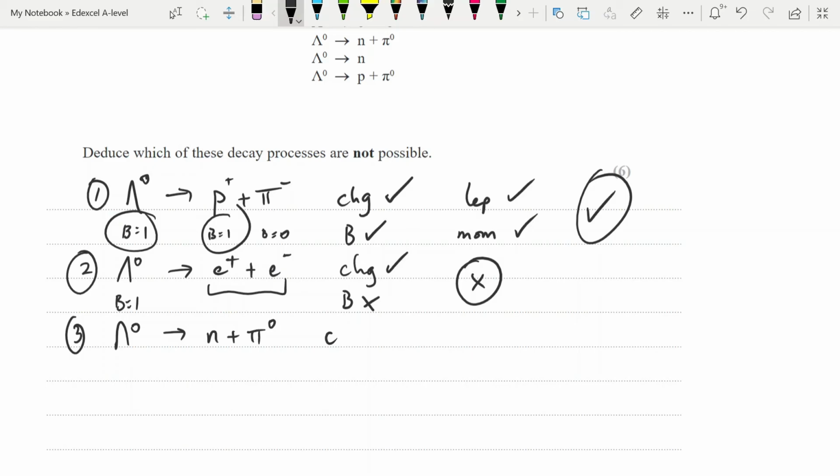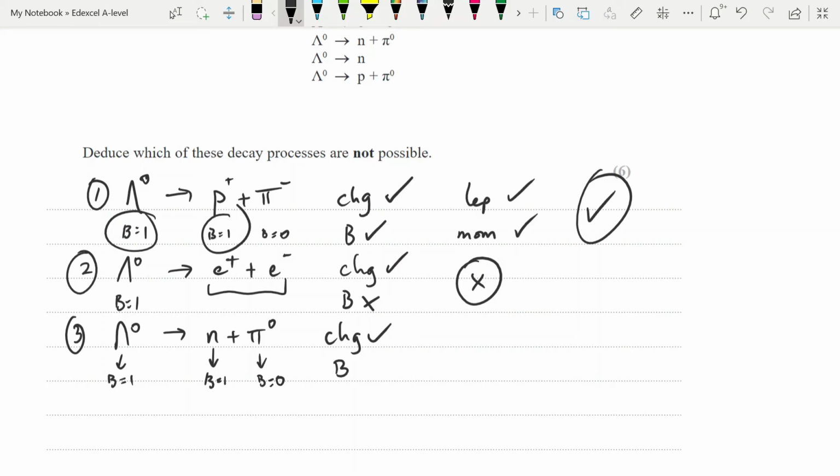Alright, charge is good, because we've got our neutral particle on the left, a neutron, and a neutral pion on the right, so charge is conserved. What about baryon number? We know we have a baryon number of 1 there. A neutron is up-down-down, 3 quarks, therefore a baryon number of 1 as well. And we know that our meson has a baryon number of 0.